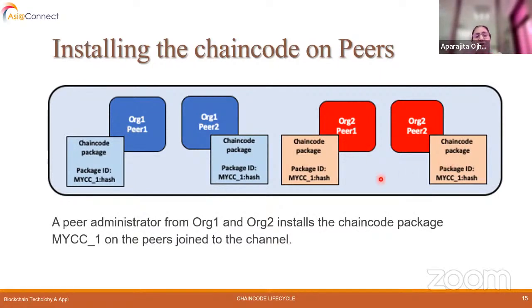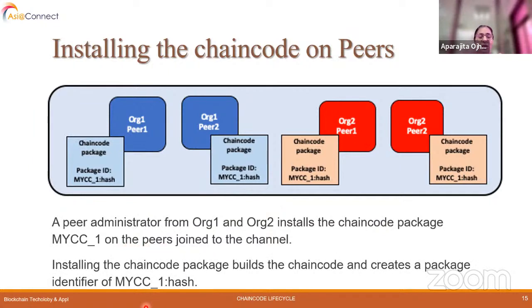So a peer administrator from Org1 and Org2 installs the chaincode package, mycc1, on peers joined to the channel. And once they install, this package builds the chaincode and creates a package identifier.